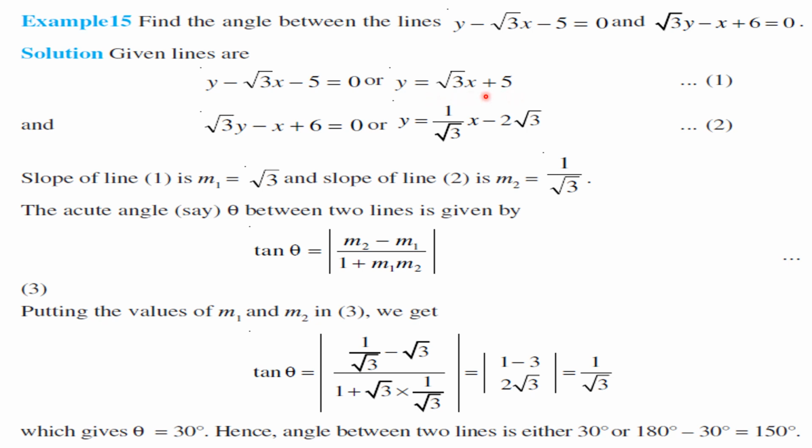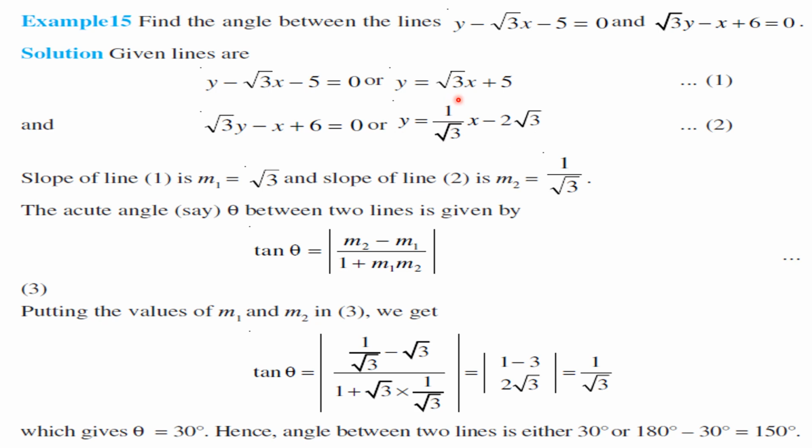Understood this step, my children? Right. Similarly, let us take the second equation of the line, root 3y minus x plus 6 is equal to 0. Here also we have to convert this equation into the slope intercept form of a line. So then we get y is equal to mx plus c. Understood this step, my children?